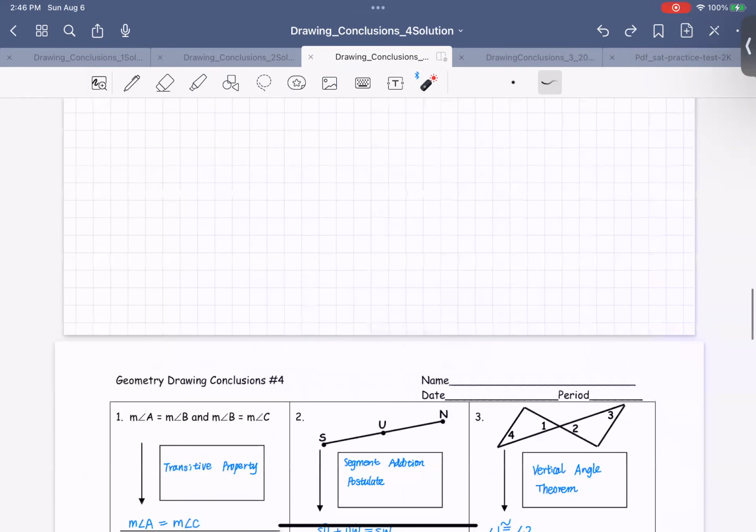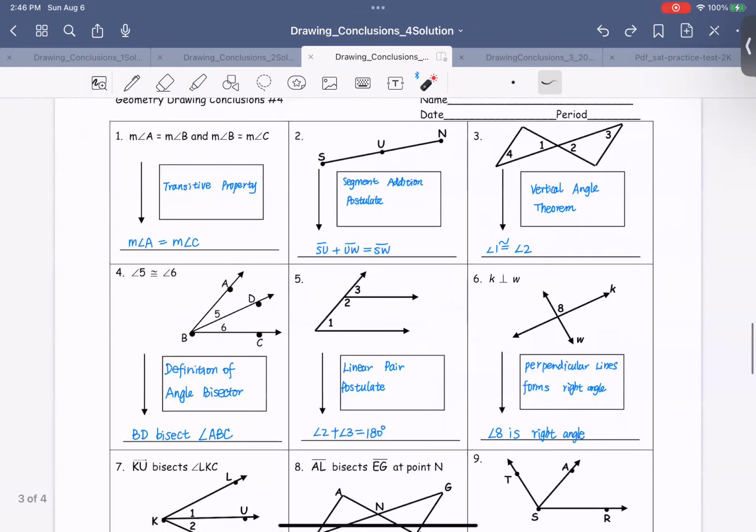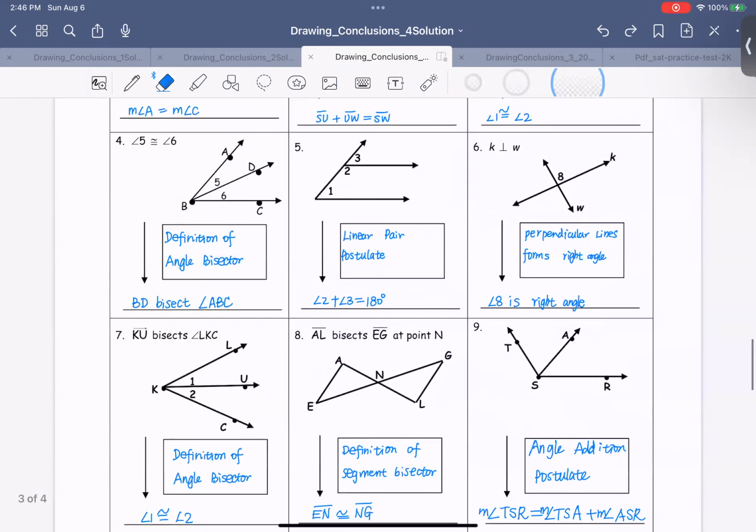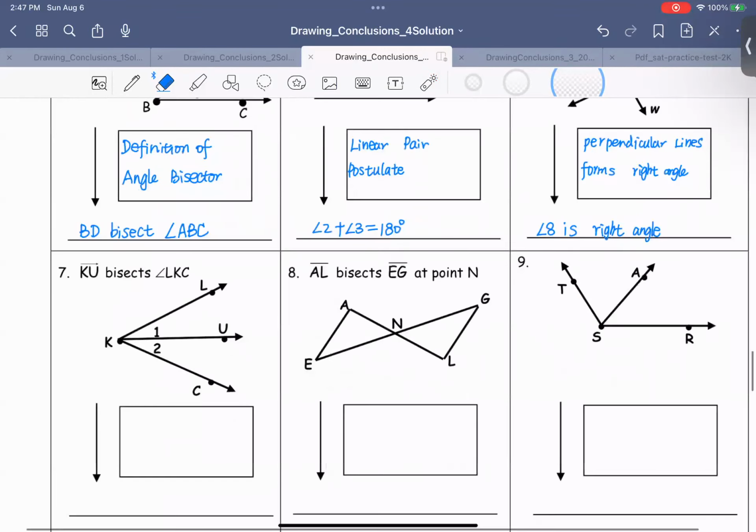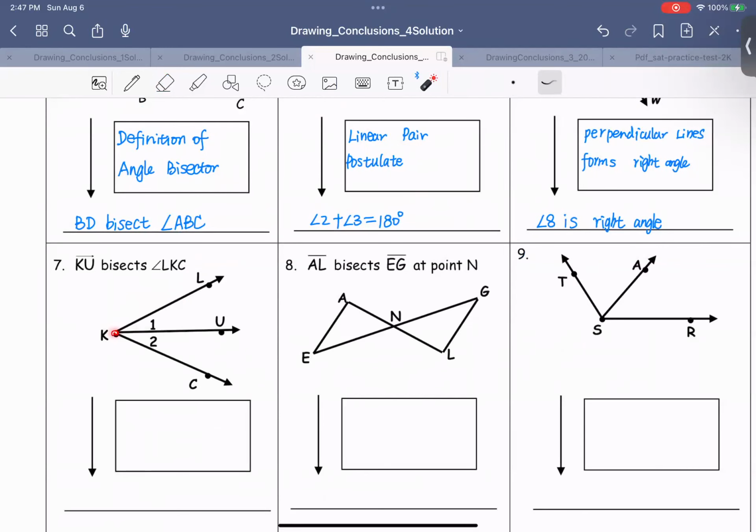Now over here, some questions are repeating. Let me call Timothy. Next one here. When you see KU bisects this angle, what conclusion do you want to write down right here?